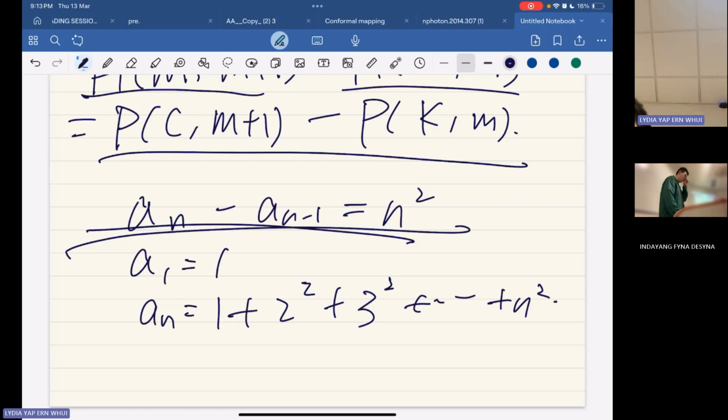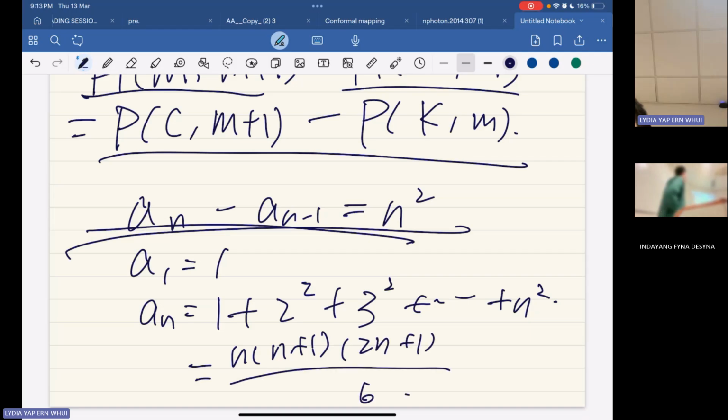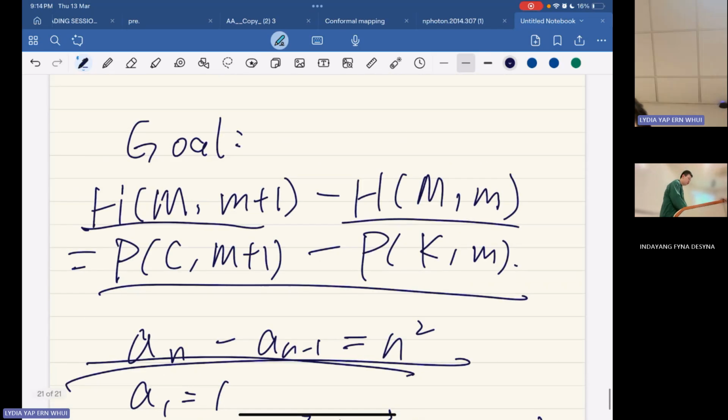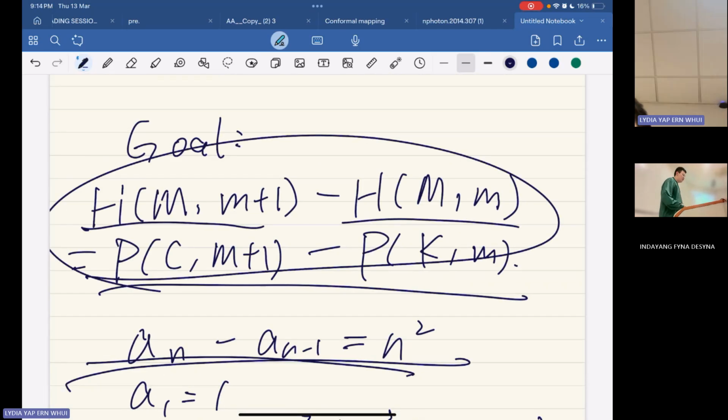Each difference is a polynomial, then the whole thing is also a polynomial, right? We know the answer is n times (n plus 1) times (2n plus 1) over 6. I think this is another polynomial. So if we show this, then we can conclude that this HM is a polynomial.